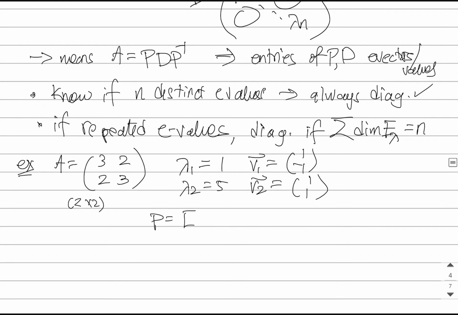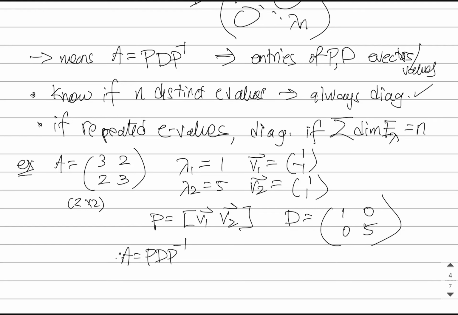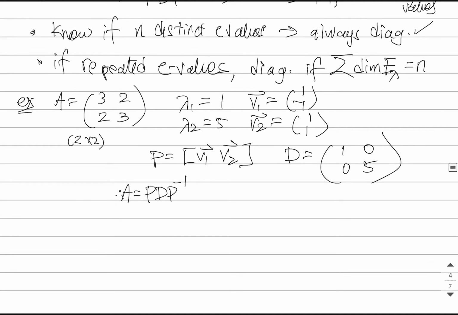So, one option here for P is for you to sit there and put these two things in that matrix, and here's the option for D. And if you choose that, yes, A will be diagonalizable. You'll be able to write it like this.